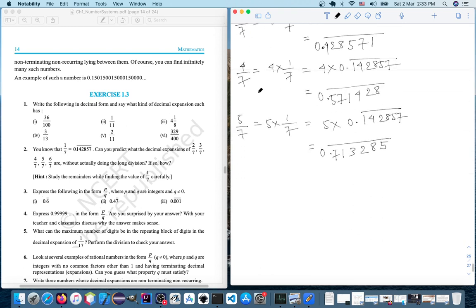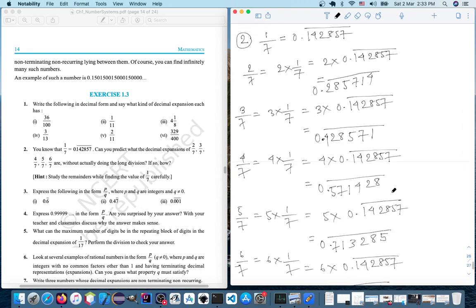Okay, so the final one, 6 by 7 is 6 into 1 by 7. This is 6 into 0.142857. If we just do the multiplication, we get 42, 34, 48, 51, 12, 17, 24, 25, and 8.